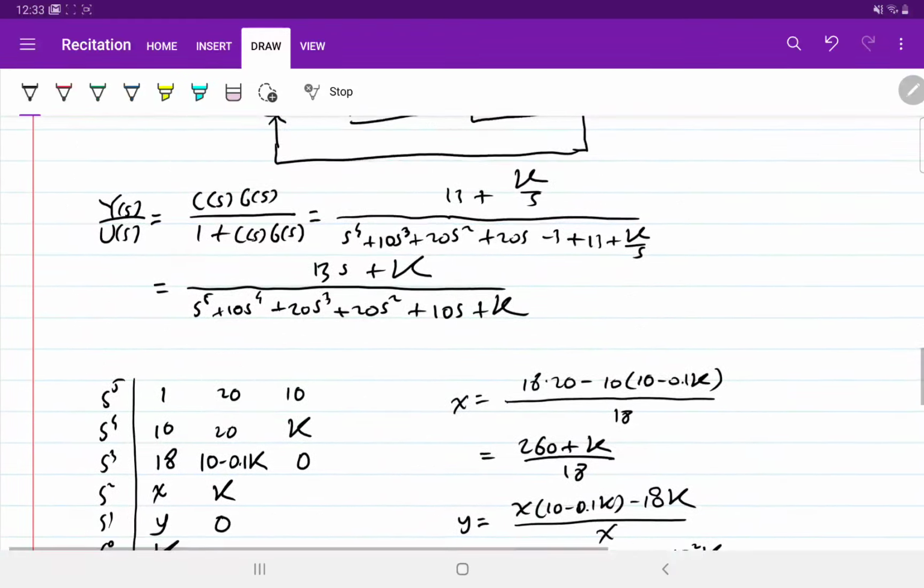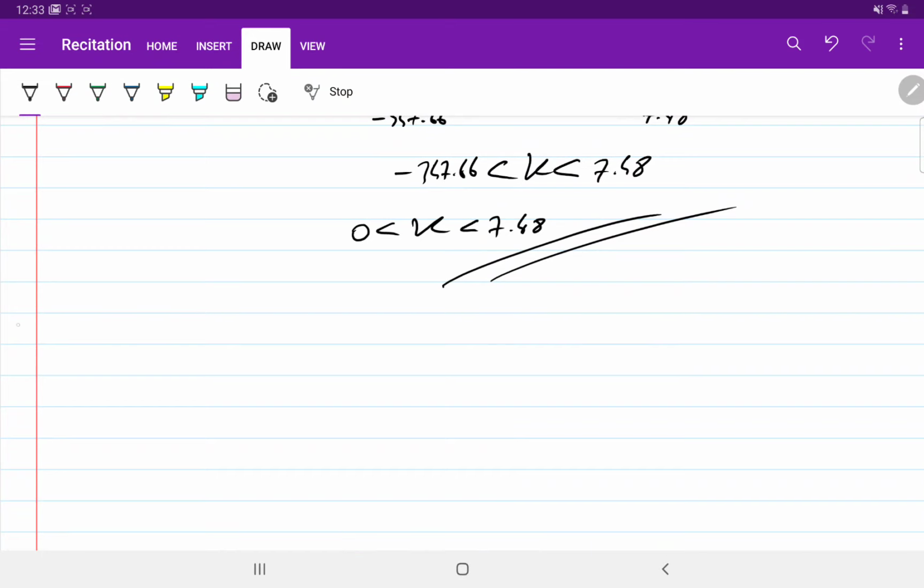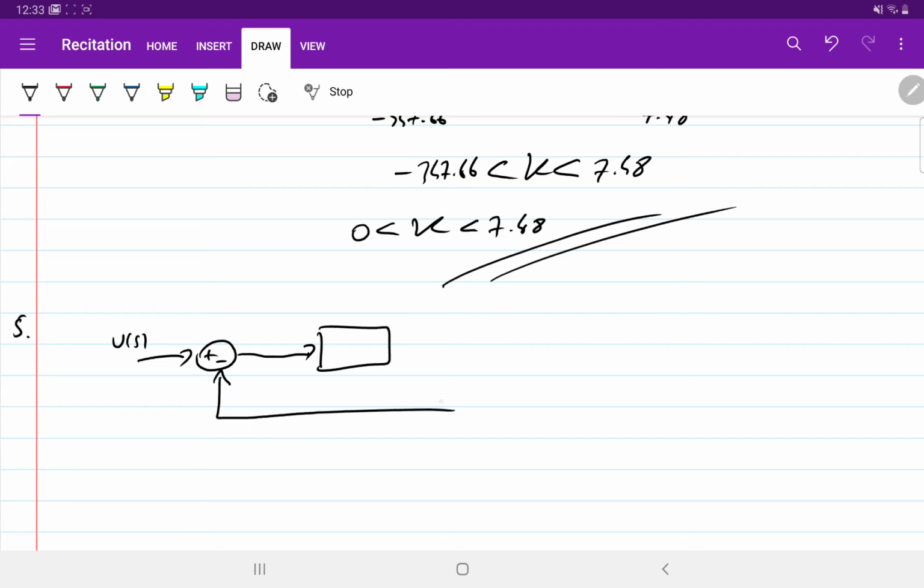Okay, problem number 5, the last problem. I have a closed loop system with unity feedback. So this is G of S, this is the output.